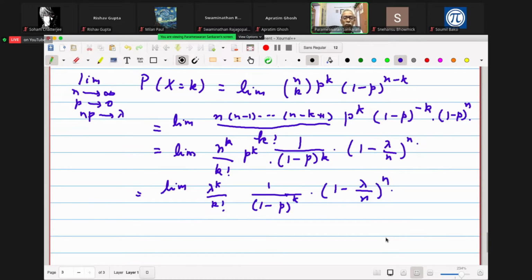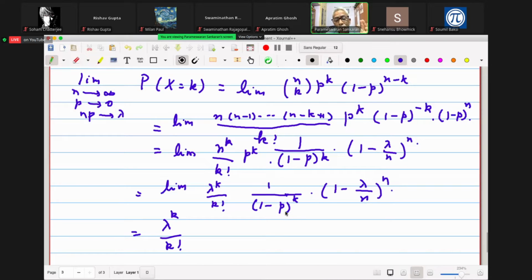And this one is already there in Poisson, so I can take it outside of the limit, lambda power k by k factorial. Anyway, it doesn't involve either n or p. And this one, p is some number less than 1. So 1 minus p is some number, again, between 0 and 1. And you raise it to the kth power.